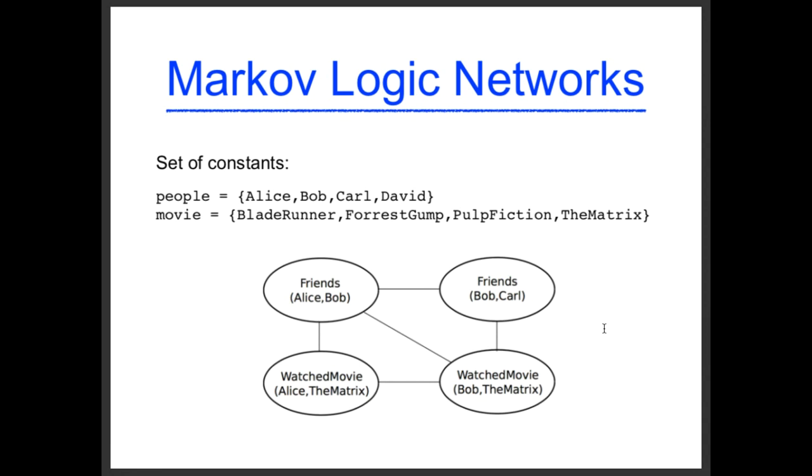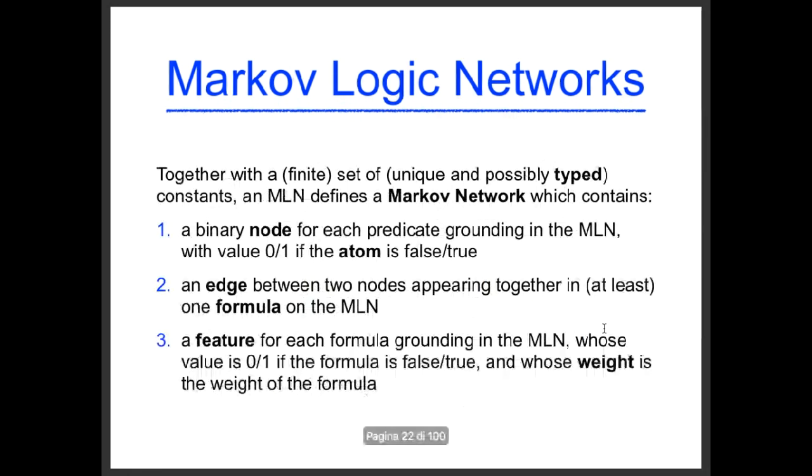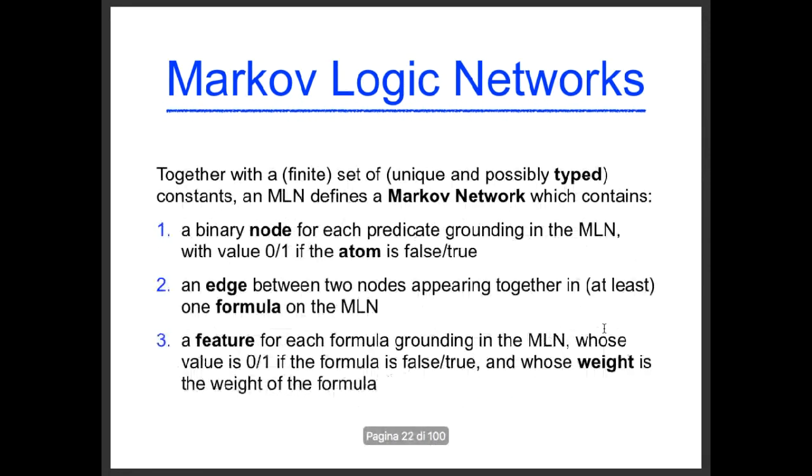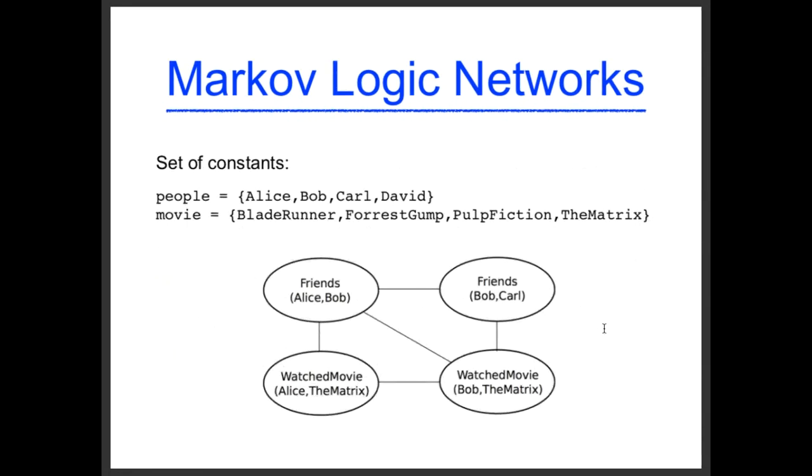So, for example, in the first clause here, if I substitute to X Alice and to Y Bob, okay, and to M one of the movies, I have an edge between Friends(Alice, Bob) and Watched(Alice, Forrest Gump), for example, or The Matrix.